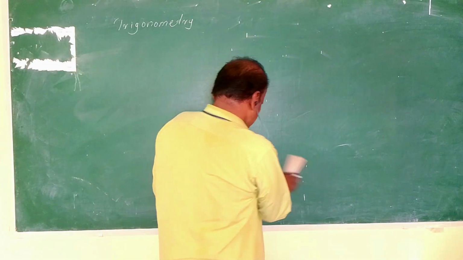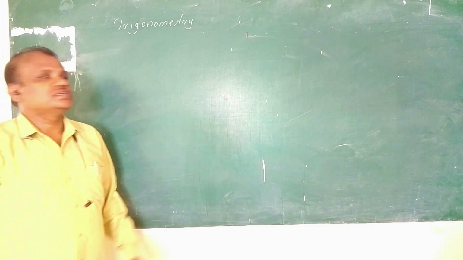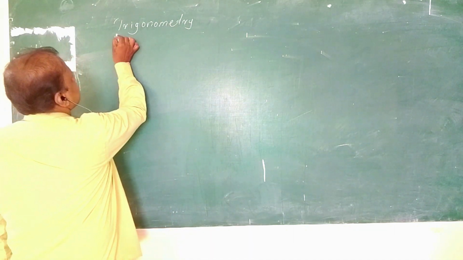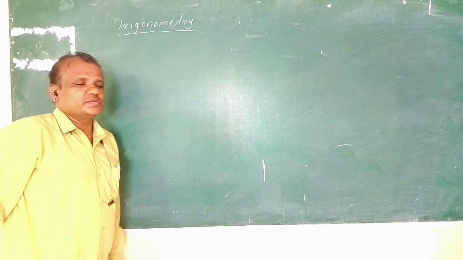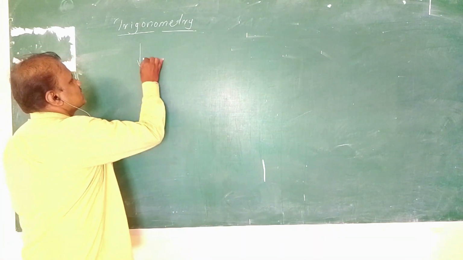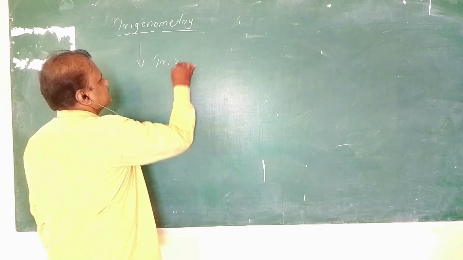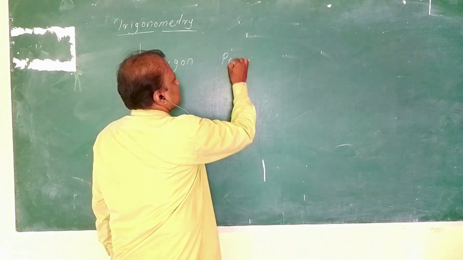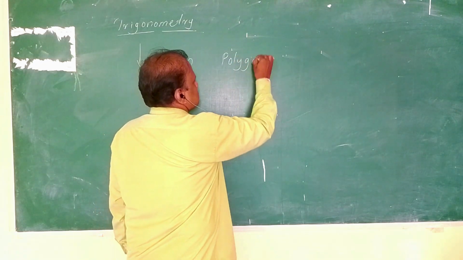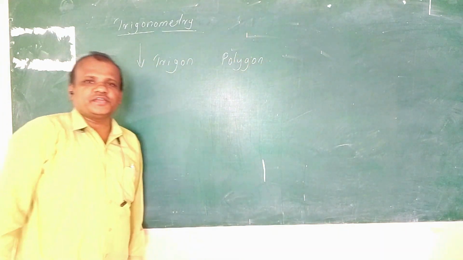So basically trigonometry is a combination of two words. One is trigon and the second one is metry. The term trigon is one class of polygons. So what is meant by polygon?